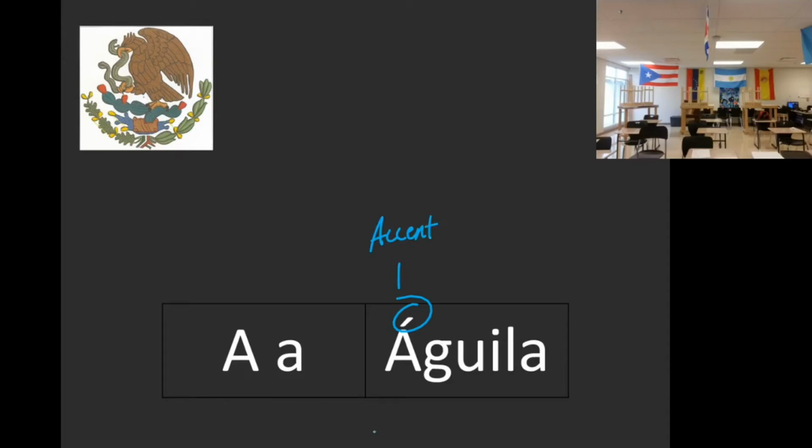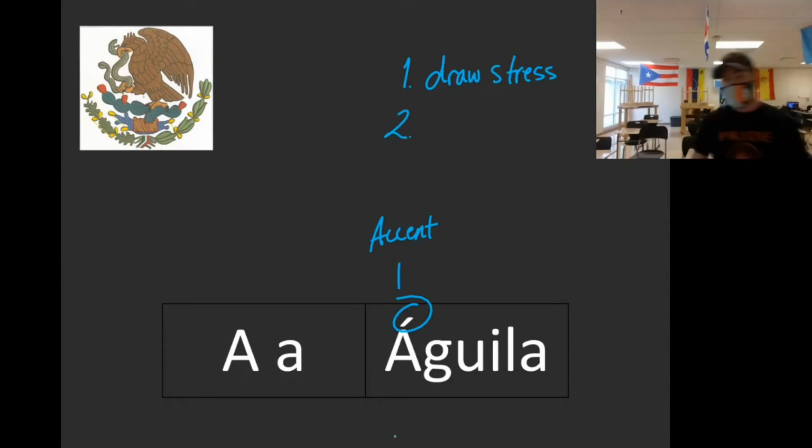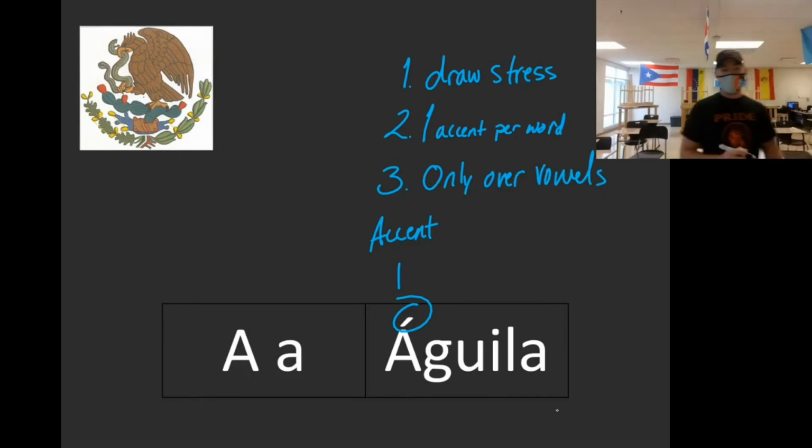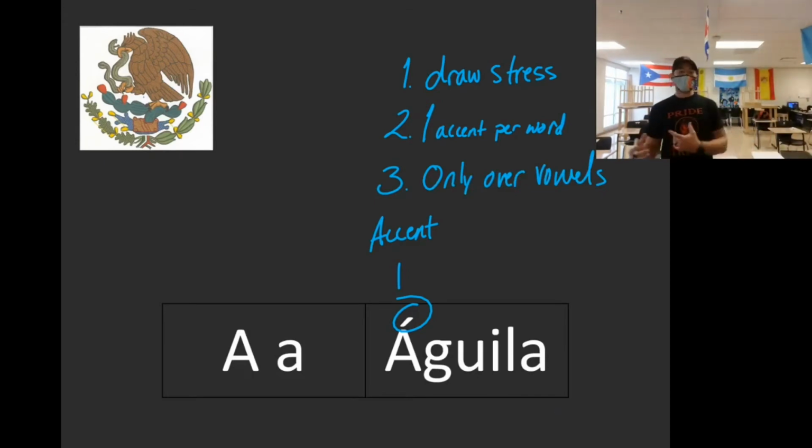Couple rules about accents. Number one, the job of the accent is to draw stress to the syllable that carries the accent. Rule number two, you can only have one accent per word. Rule number three, the accent can only sit on top of a vowel. So in the Spanish language, you won't see accents over anything except a, e, i, o, and u.